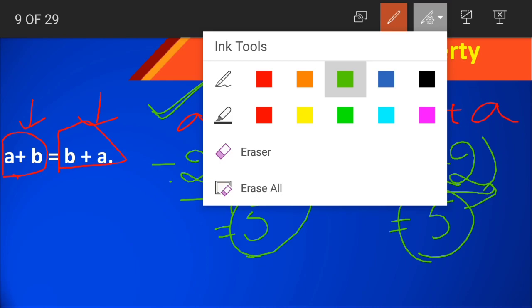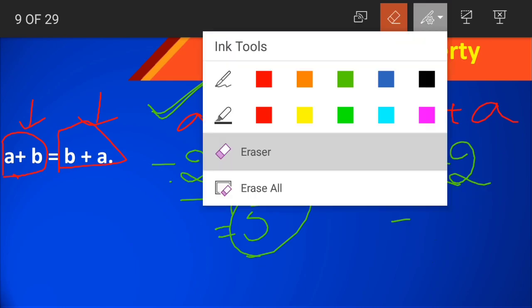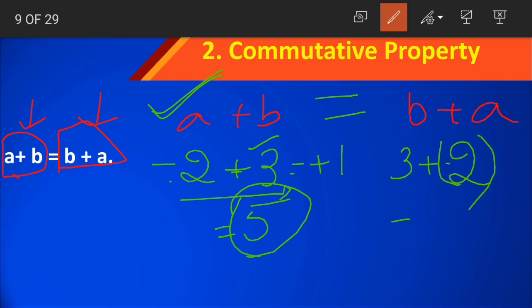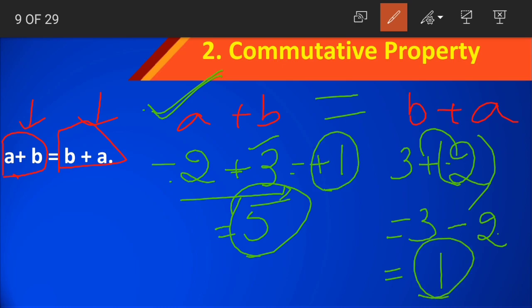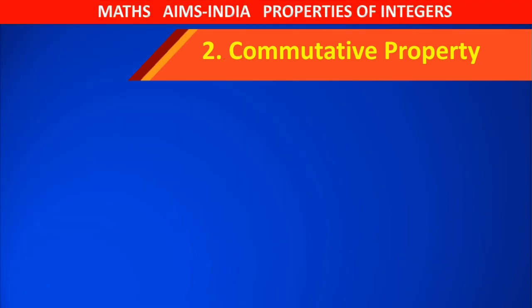Next, 3 plus minus 2. Here again the signs are different, so the result is negative 2, and 3 minus 2 is 1. See here, LHS is equal to RHS. Again we have proved that addition of integers follows the commutative property.